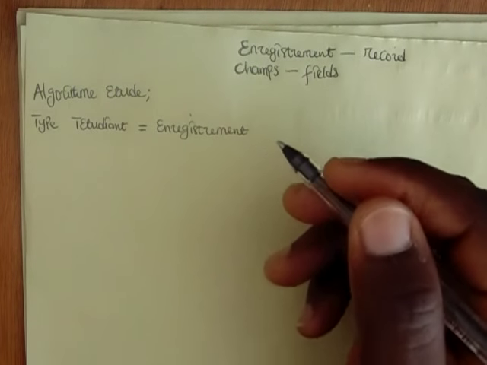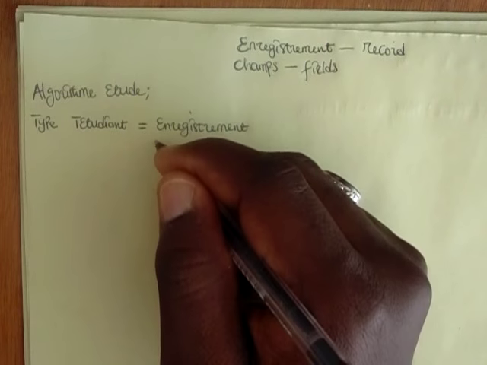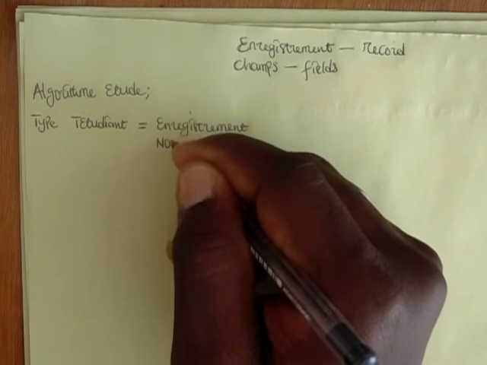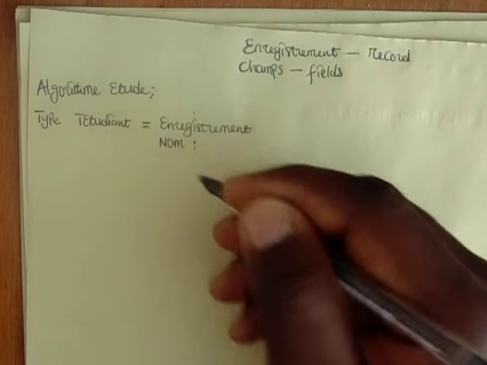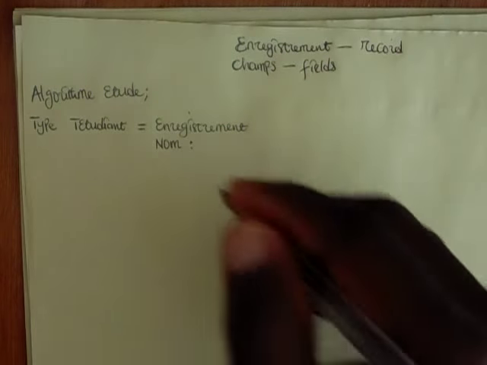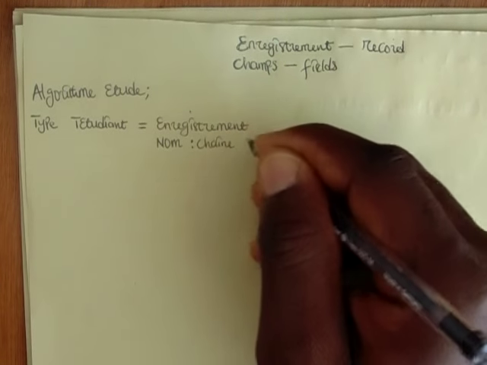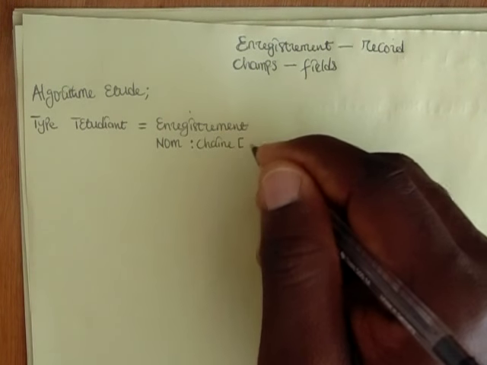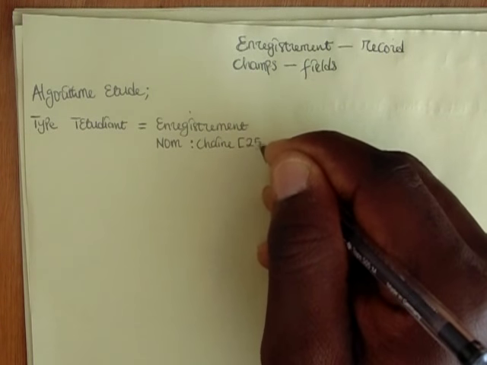So we know that a student's basic items would be the surname, and what would the surname be categorized under? What kind of variable is it? It is a string. So it's chaîne in French. We define the maximum length of the string. We'll say 25.